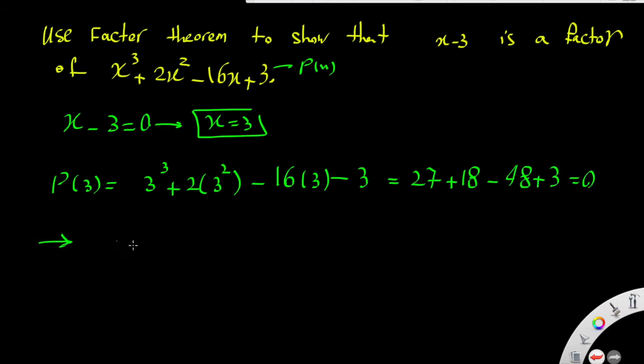So the remainder is 0. It means that x minus 3 is a factor of our polynomial p of x.